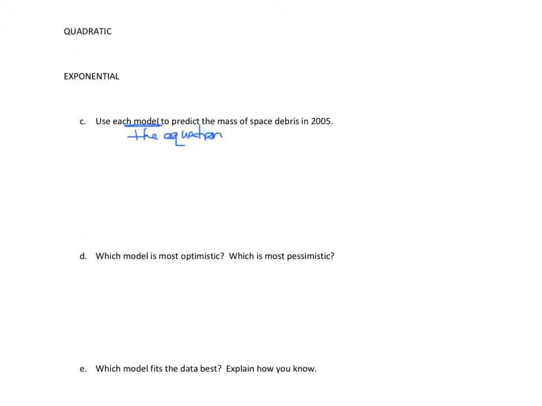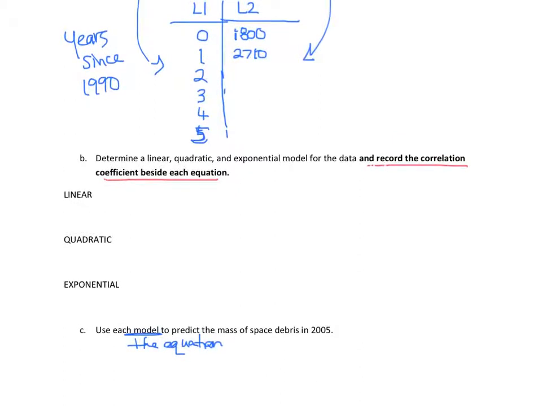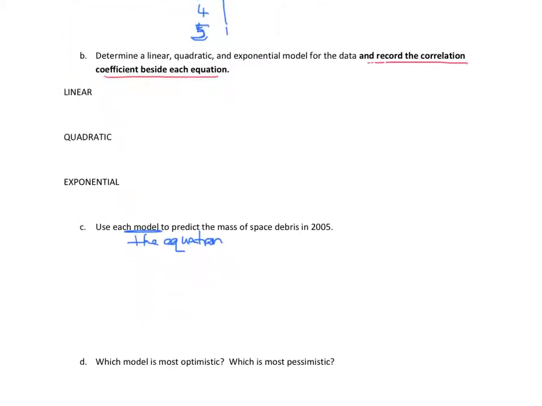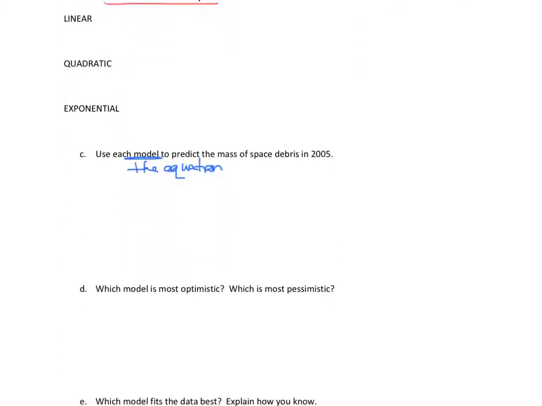Now remember that 2005 is 15 years after 1990. So when you use your equation, you're going to let x equal 15, as in 15 years after 1990.